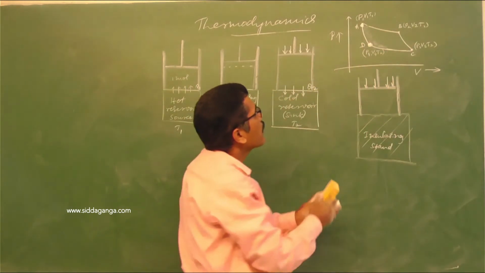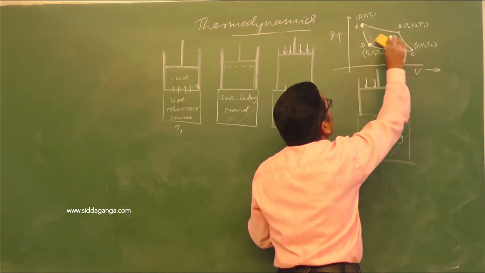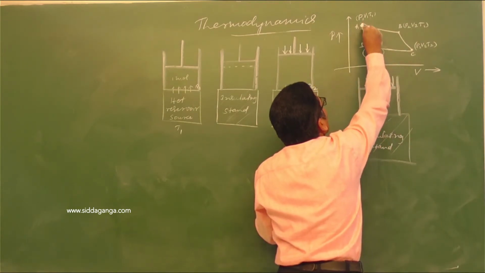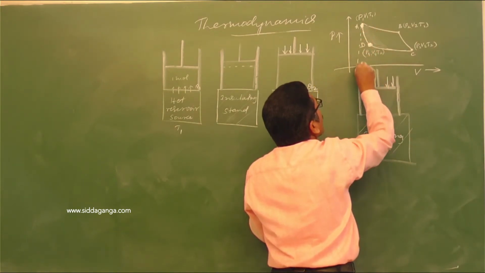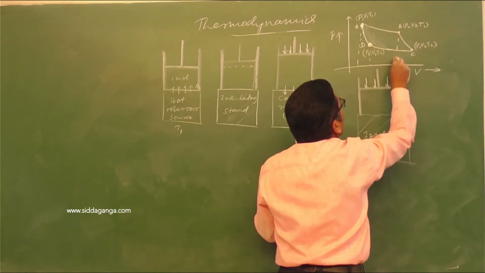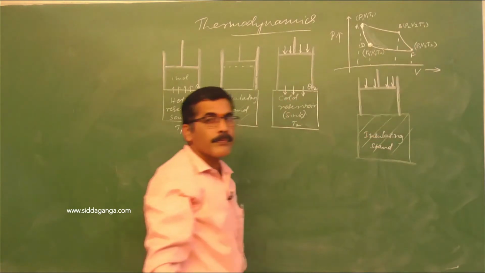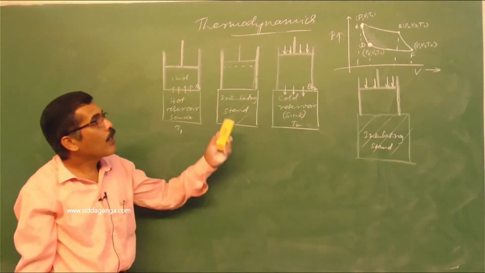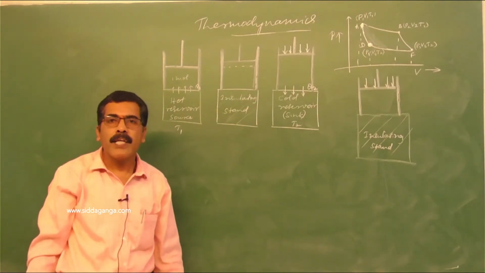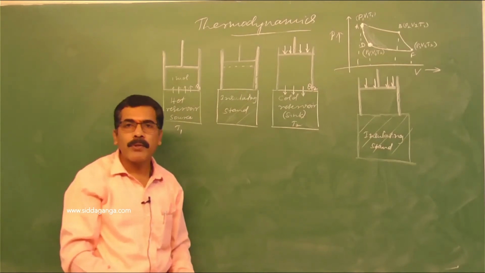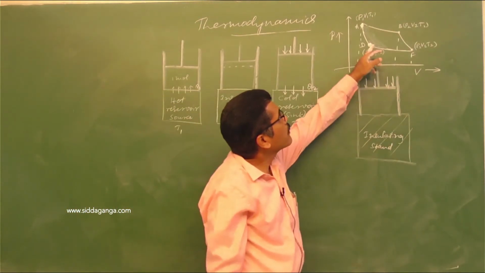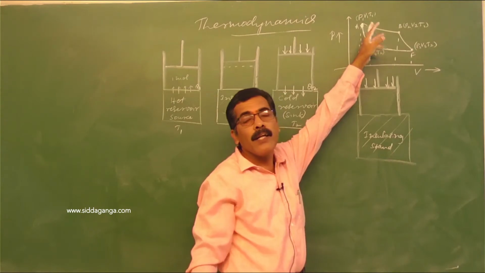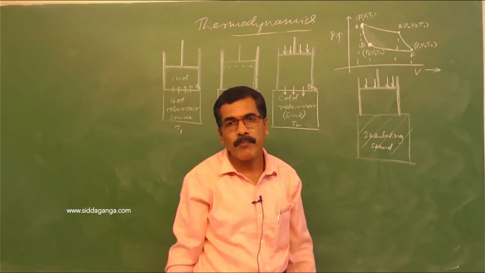So this is called the Carnot cycle, and this is a reversible cycle because the system is brought back to its initial configuration. Have you followed?